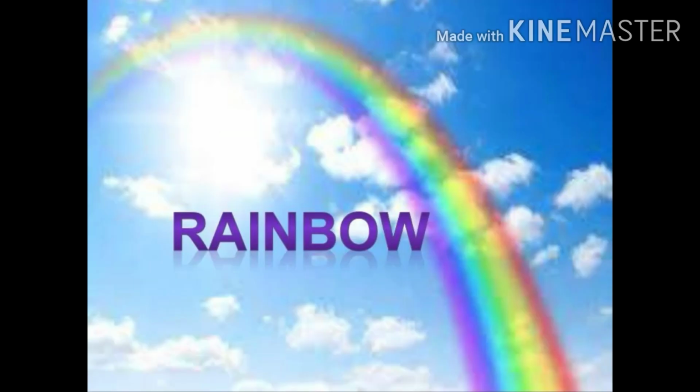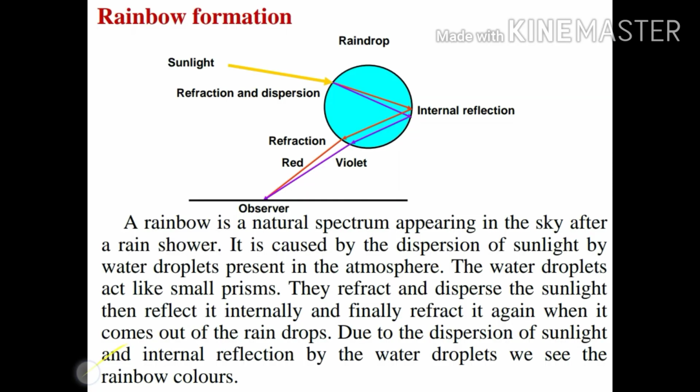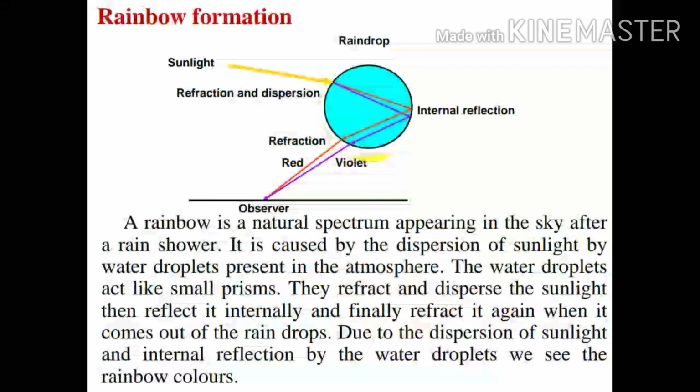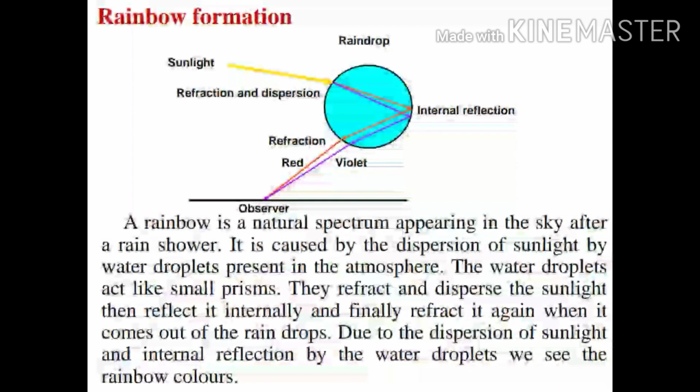Next is rainbow formation. This is a natural phenomenon happening in our surroundings. Here what happens is that when there is rainfall, raindrops are present in the atmosphere, and when the sunlight falls on this raindrop, this raindrop acts like a prism and it gets dispersed inside it.